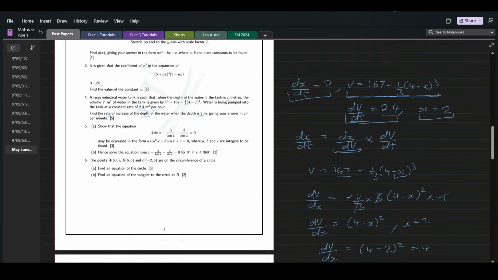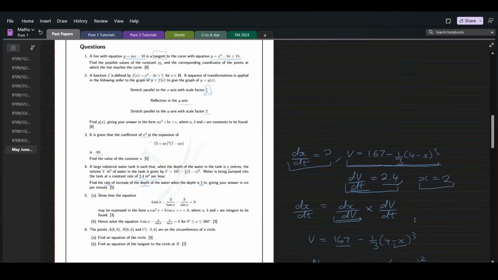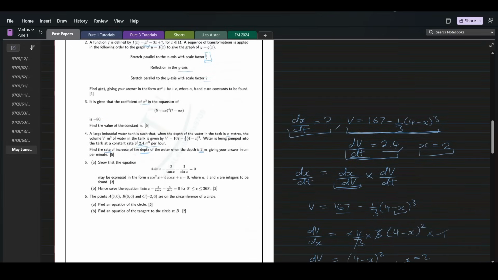The reason we know that this is in meters per hour, if you go back to your question over here, we are given that the water is being pumped into the tank at a constant rate of 2.4 cubic meters per hour. So if the volume is in cubic meters per hour, it means that the depth is in meters per hour.